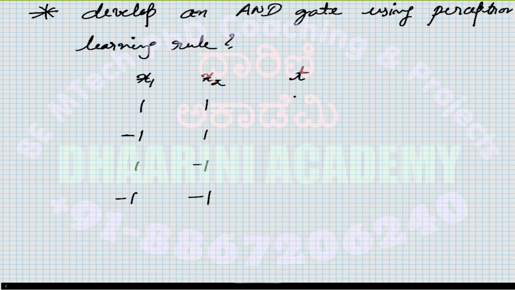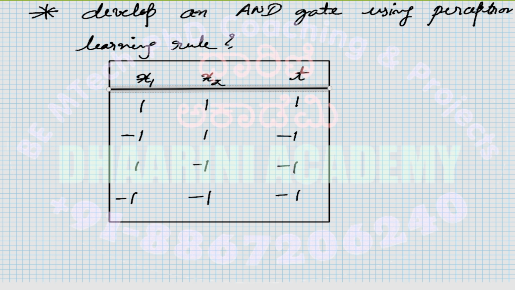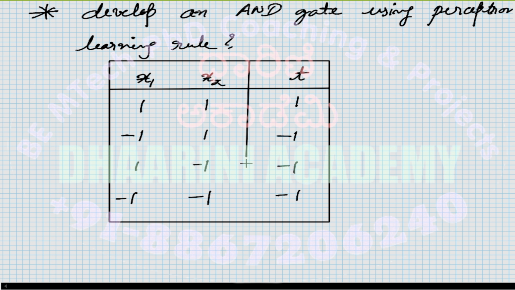So when both inputs are 1, the target is 1. In any other case, we are expecting the target to be -1. Okay, so this is the required truth table. On one side we have the inputs, and t is the target, which is the output.